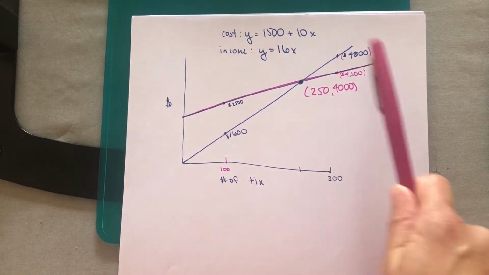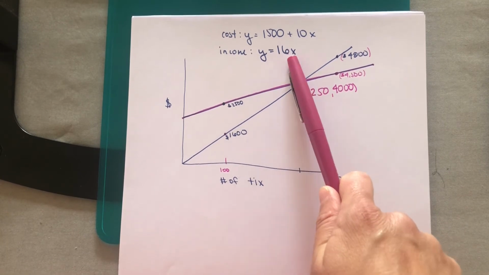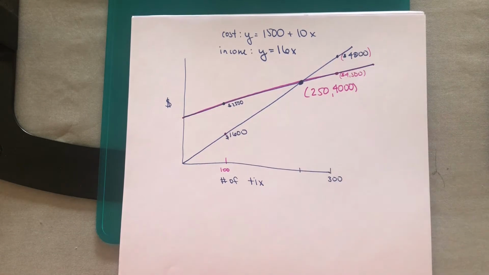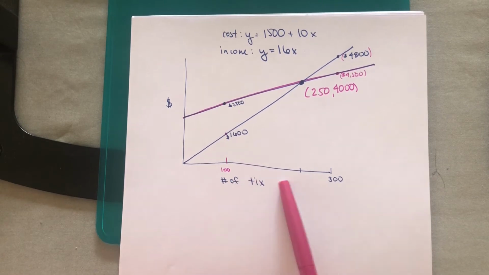At the same time, I have a line for income. Each person that comes pays $16. So this is my line for income. So at any point on the line, we can take the number of tickets, and we can use that to calculate how much money we've spent and how much money we've brought in.